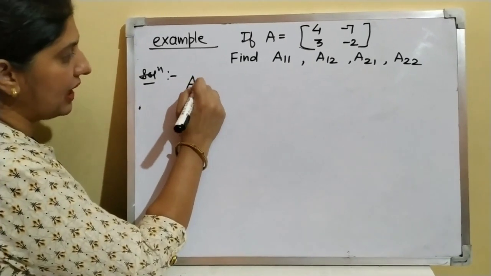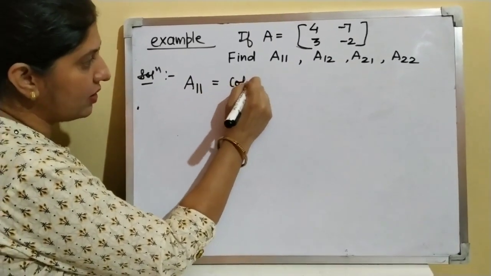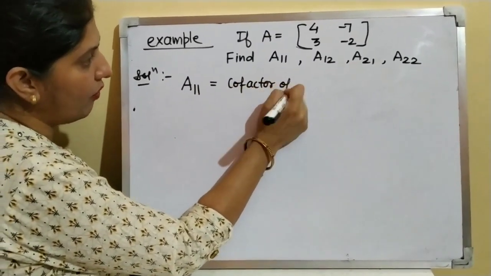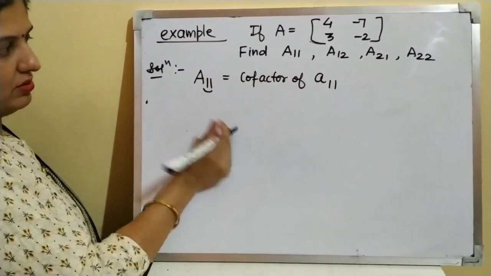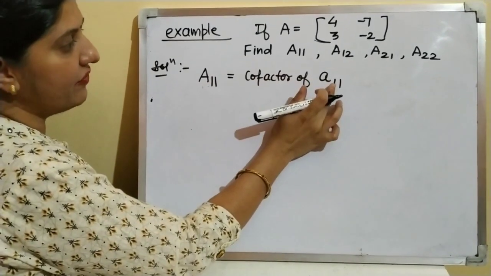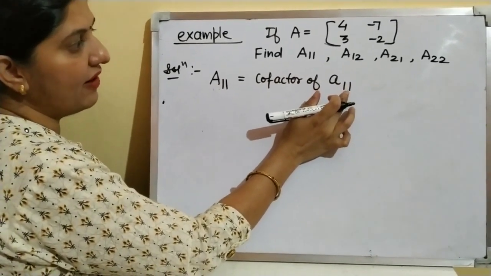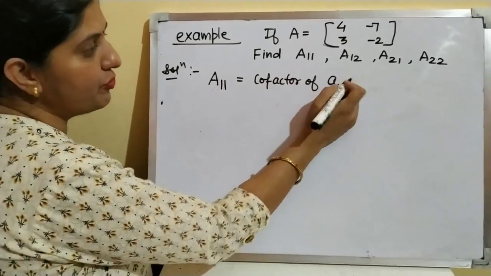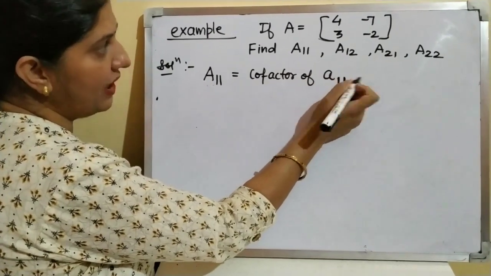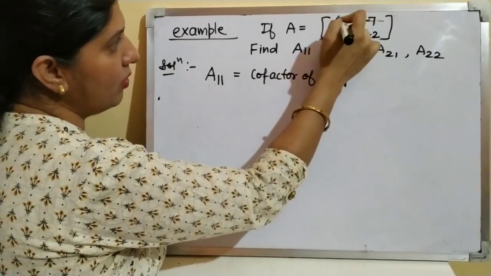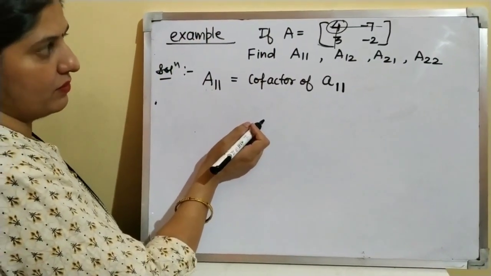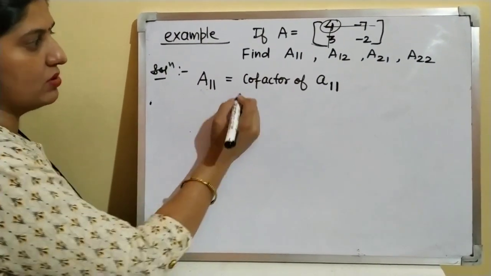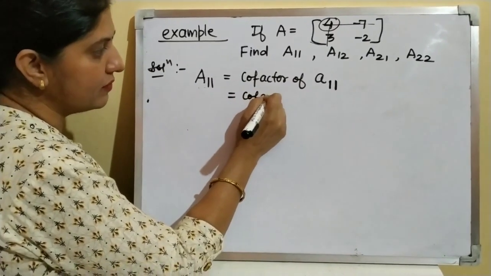So we have to calculate cofactor of element A11. Now see here, A11 means we have to write the element which belongs to first row and first column. First row, first column. So we get 4 here. So we have to find out cofactor of 4.